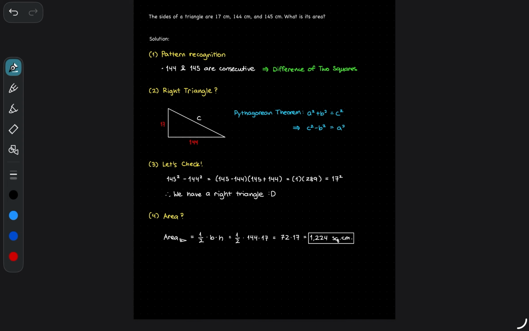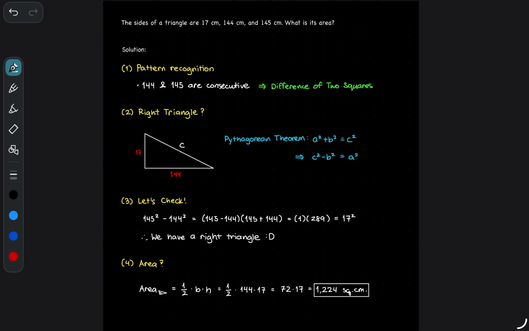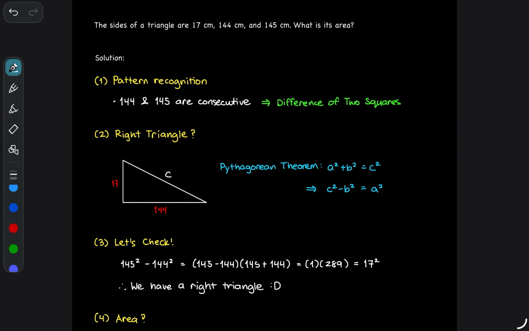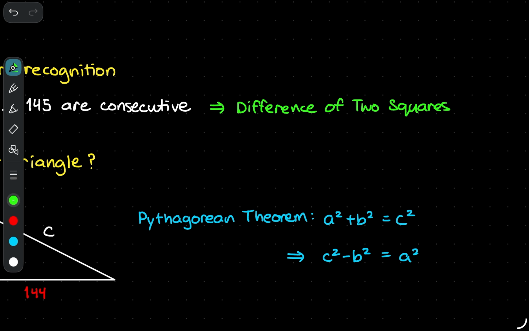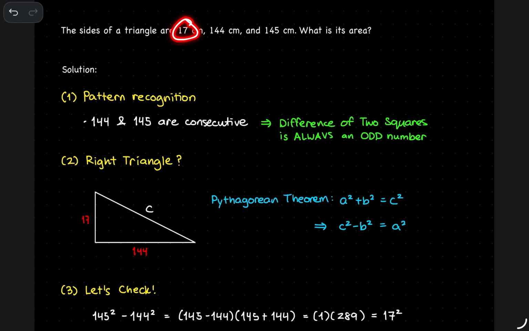The key is to observe a pattern, and that is consecutive numbers here. Usually math competitions don't just provide random numbers. They instead provide numbers wherein there's some meaning to it. Also, another key insight is that the difference of two squares of consecutive numbers is always an odd number, and 17 is an odd number.